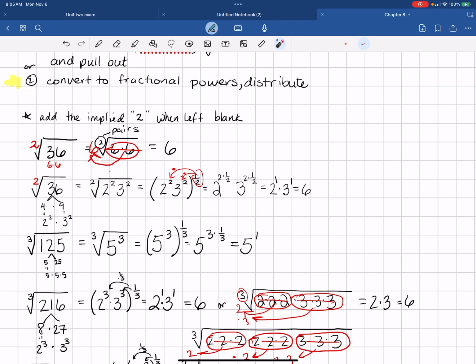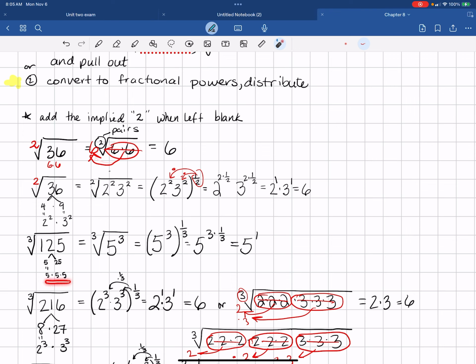So I have now 2 squared, 3 squared, all raised to the 1/2. I distribute the 1/2. I have 2 to the 2 times 1/2 times 3 to the 2 times 1/2. So I basically have 2 times 3, which is 6. In this case, going to the power method makes it longer, but later on you'll see that it actually makes it quicker.